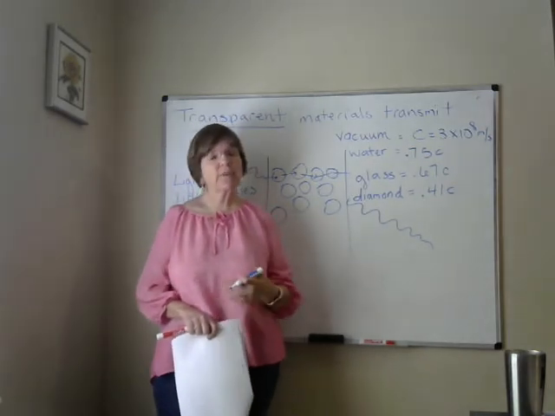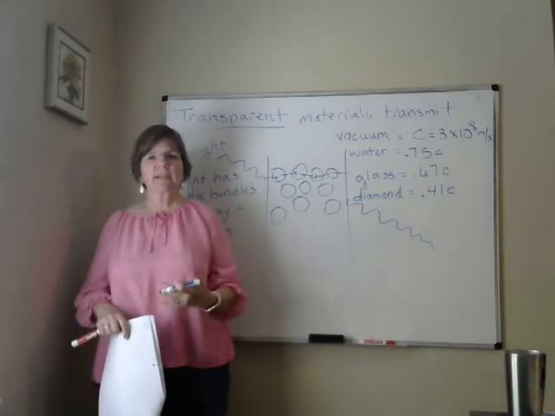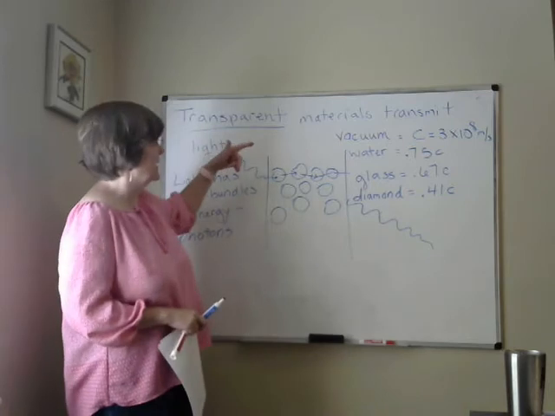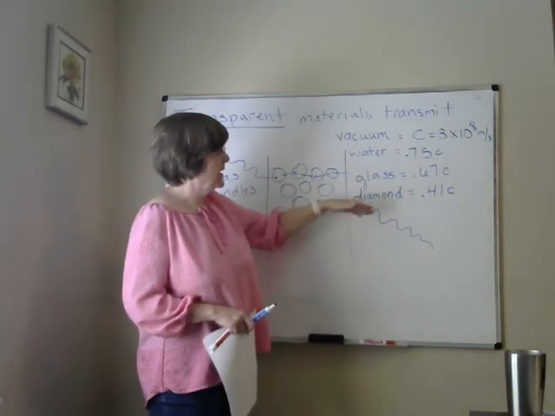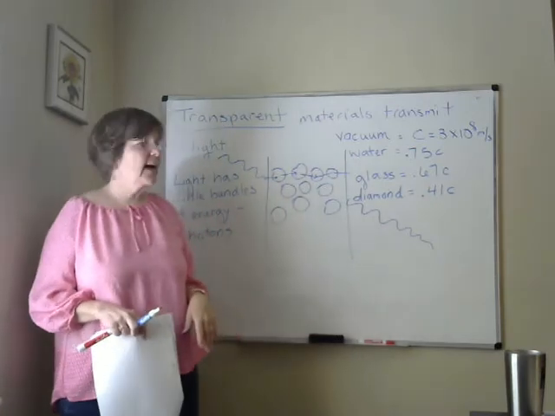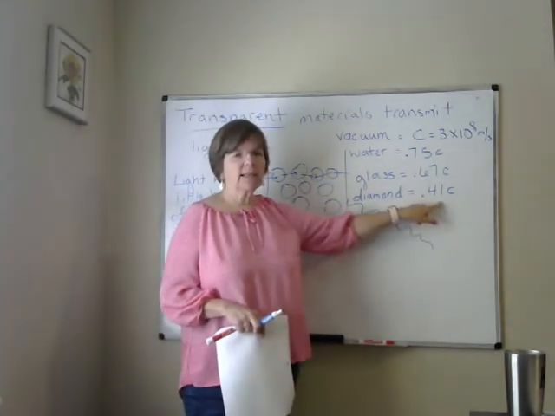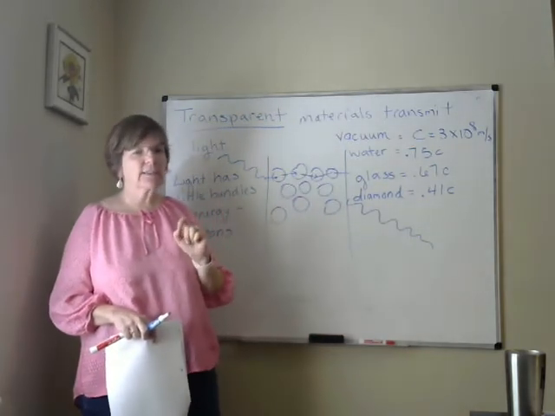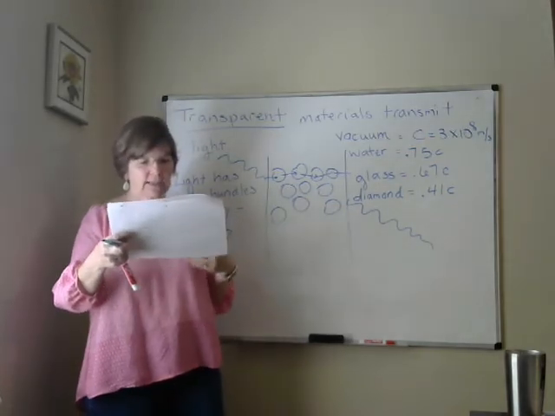Well, that's true of other types of waves. Remember, how fast a wave travels depends on the medium. So for transparent mediums, you can see it will always travel just a fraction of the speed of light. The fact that it travels so slow in a diamond is one of the reasons diamonds are sparkly. It's not the only reason, but the fact that light slows down contributes.